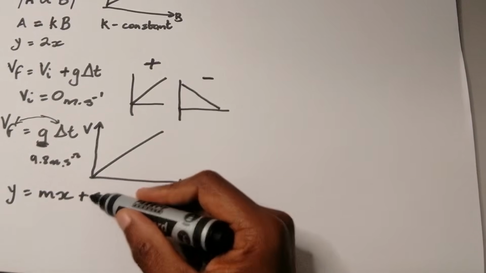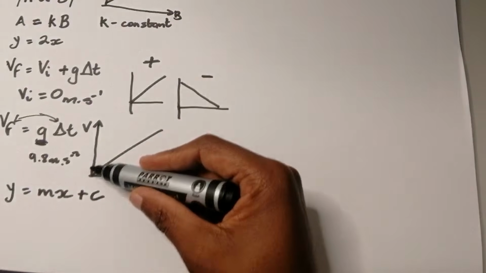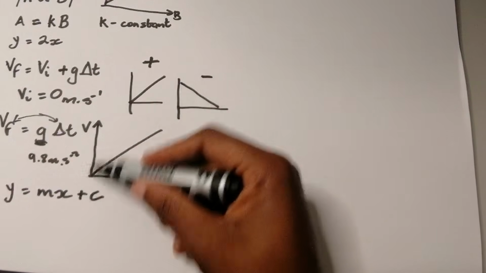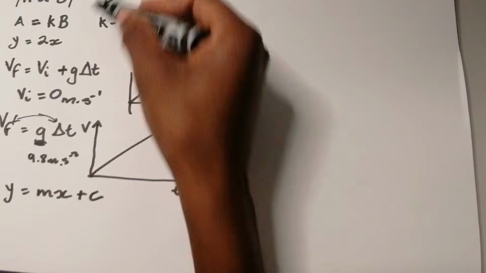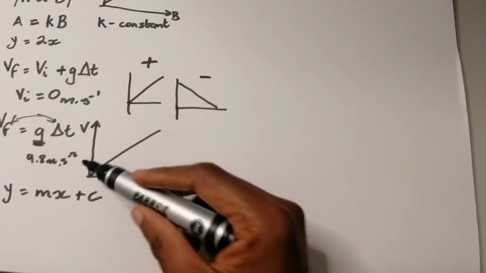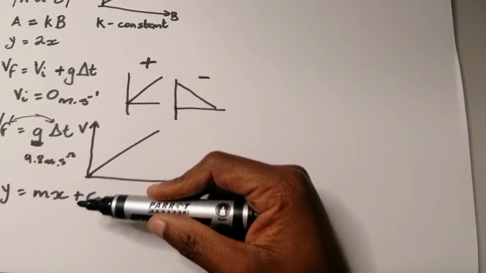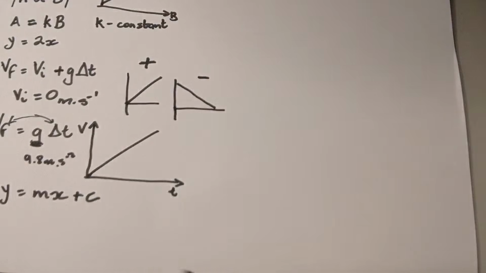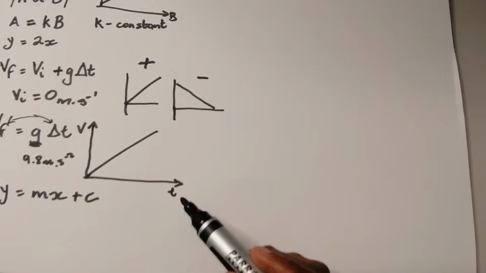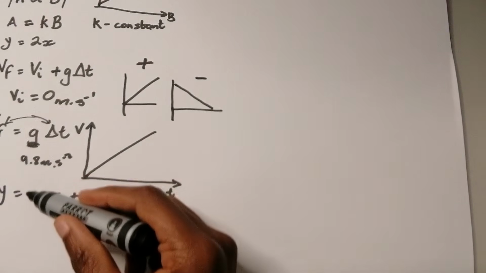Now notice, if my initial velocity was not 0, it would simply shift my graph. My graph is not going to start at the origin, but it will start somewhere along the vertical axis, right? So in this case, all that we're simply saying is that y is equal to mx plus c. m is our gradient. Look at this.